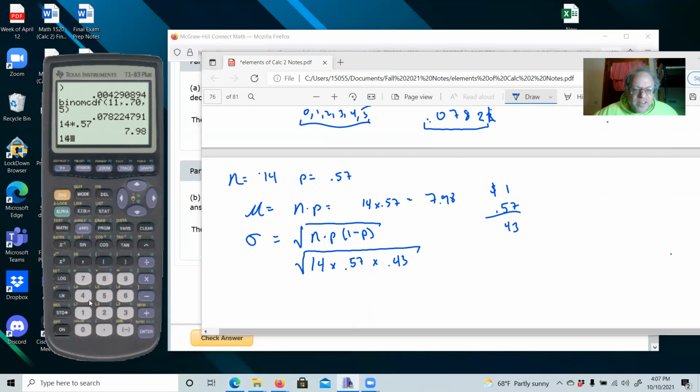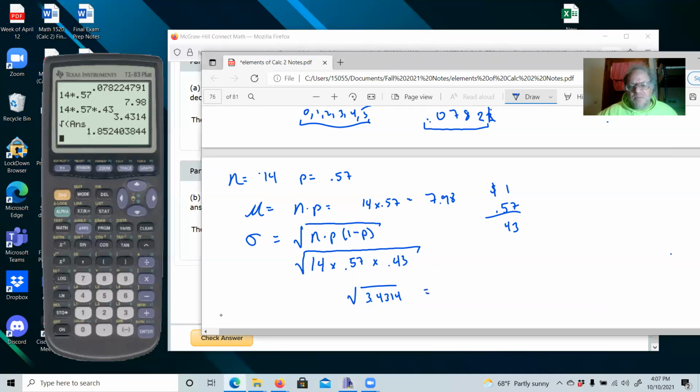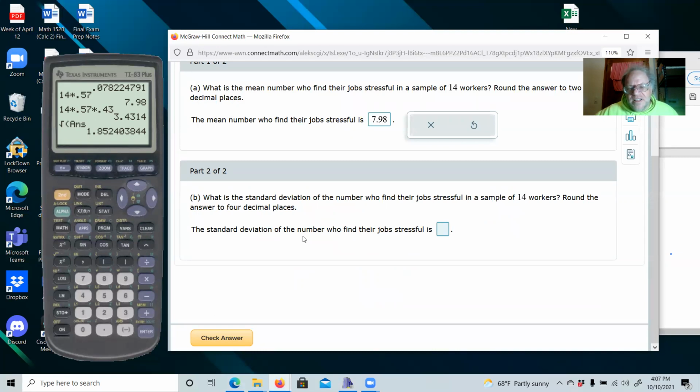So 14 times 0.57 times 0.43. All right. So we didn't take the square root yet, right? So we have the square root of 3.4314. And now we're going to say second function square root, second function, our previous answer. Bang, there we are. So how many decimal places do they want? 4 decimal places.